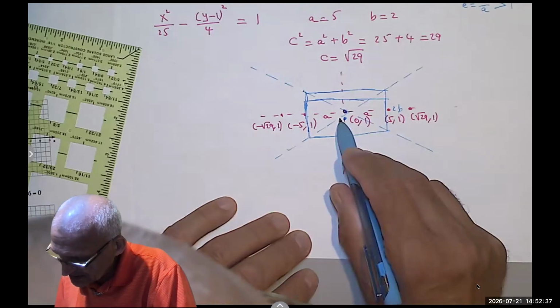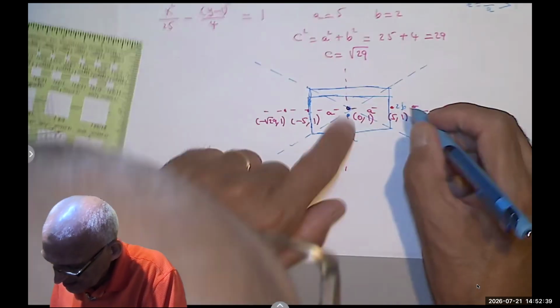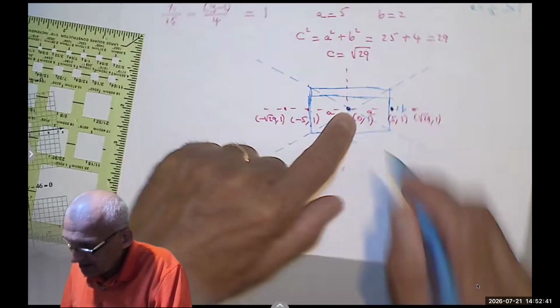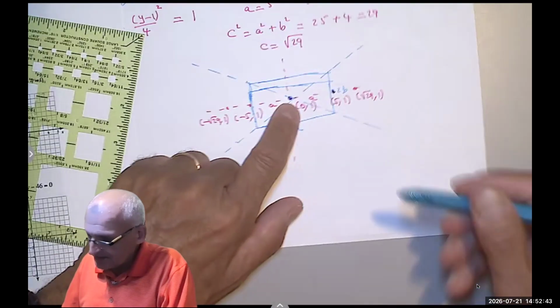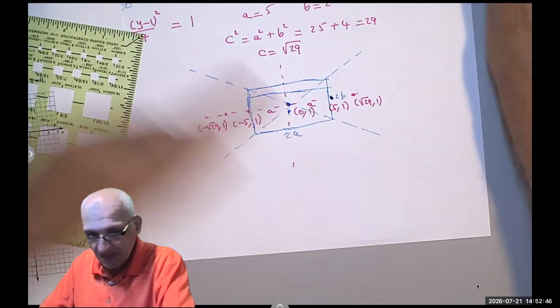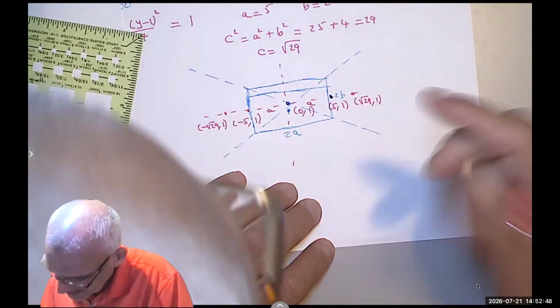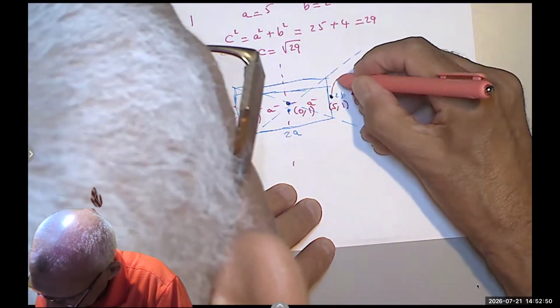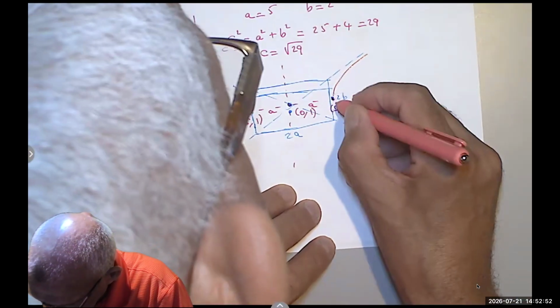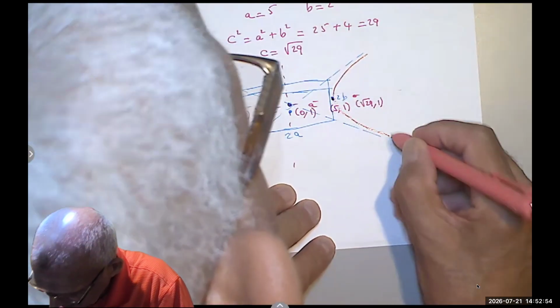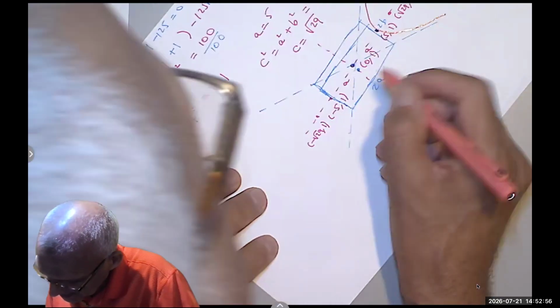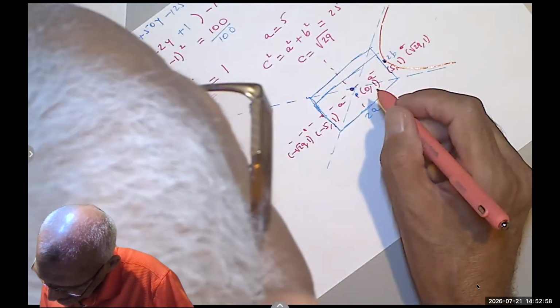Okay. So we said this is the center. This basically is the vertex. So it's going to look something like that.